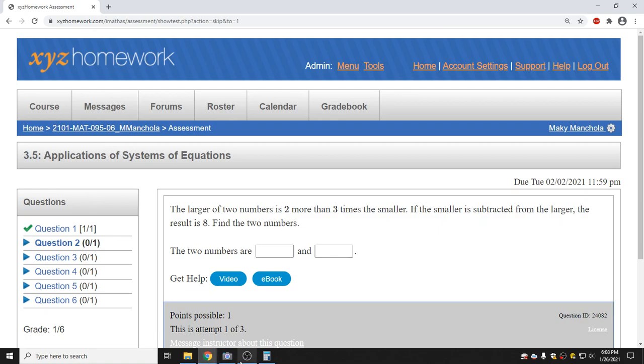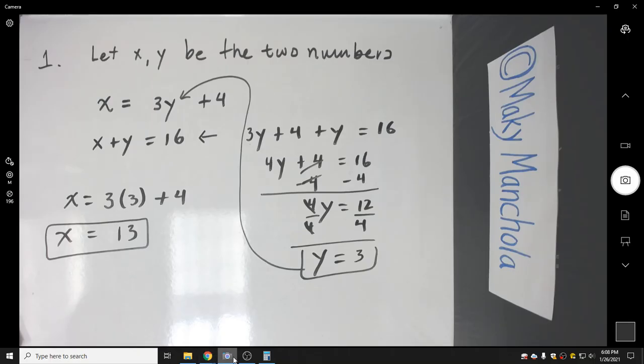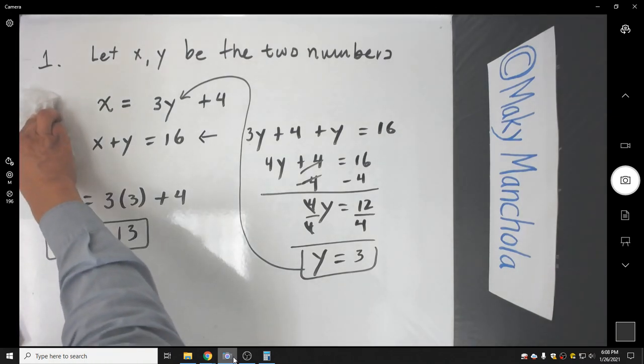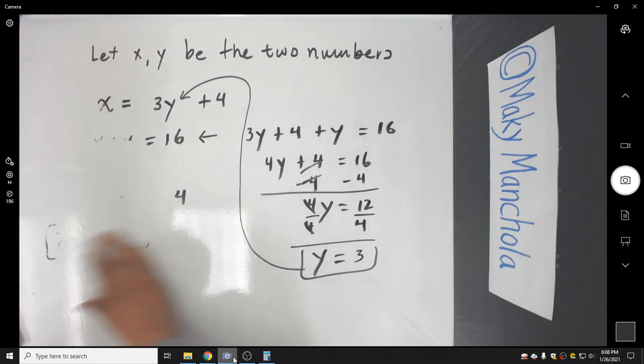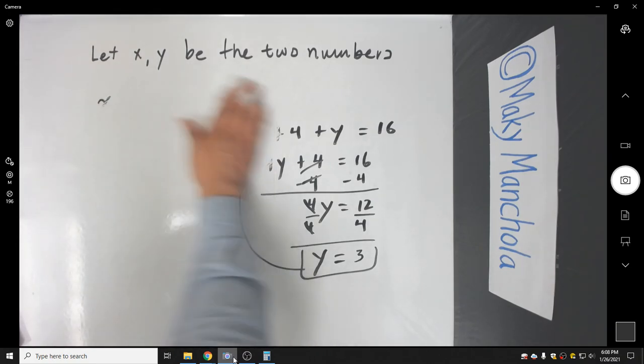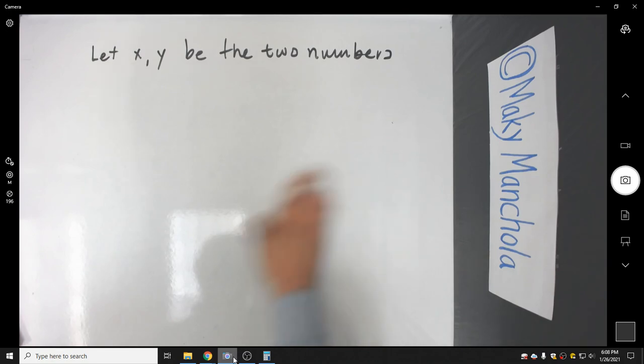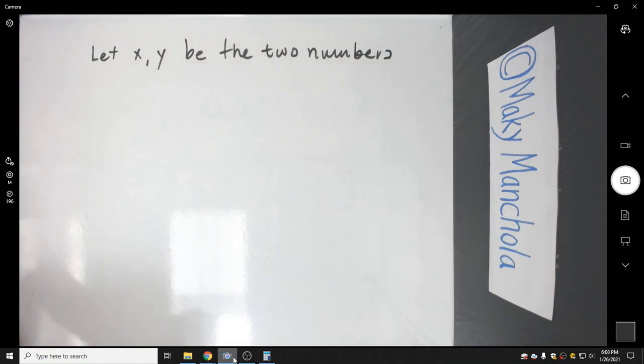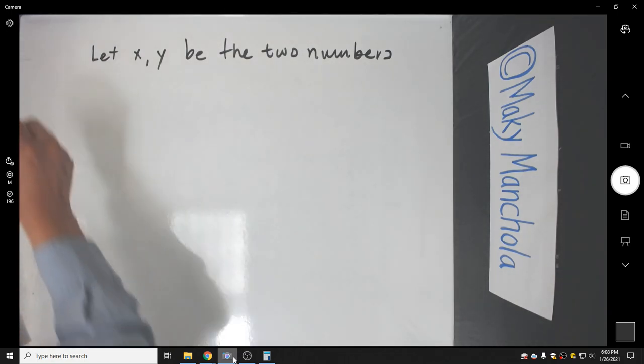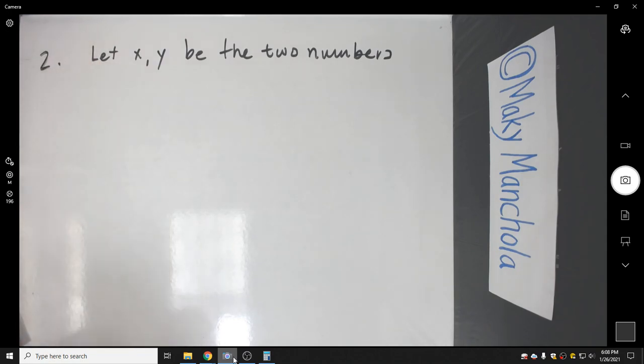So let's set up our problem. As in number 1, we don't know either of the numbers, so we're going to let the numbers be x and y. And for our problem, we're going to assume that y is the larger of the two.